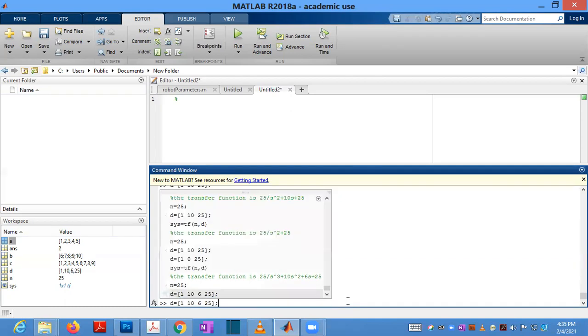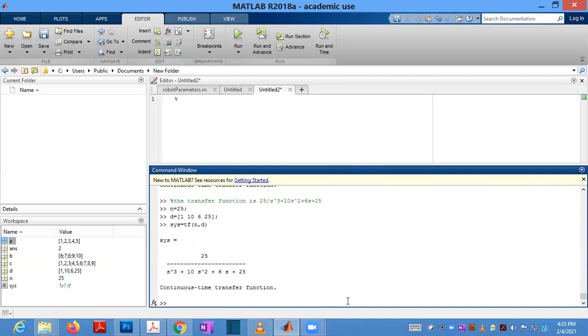So n and d are there, and sys is the transformation I am applying. This will be like this.